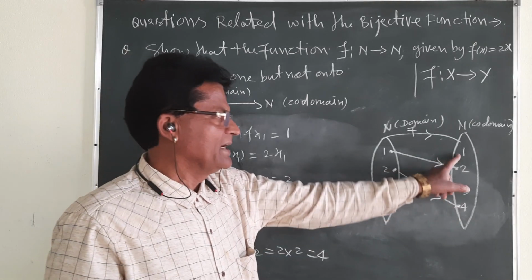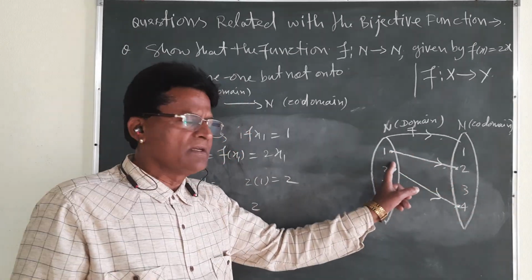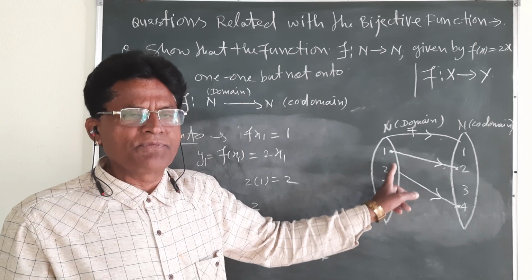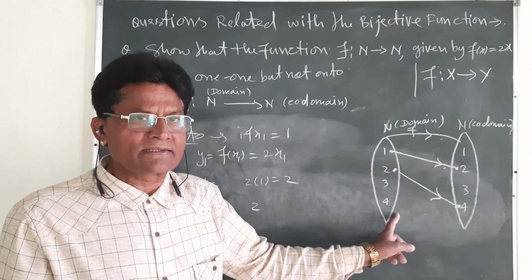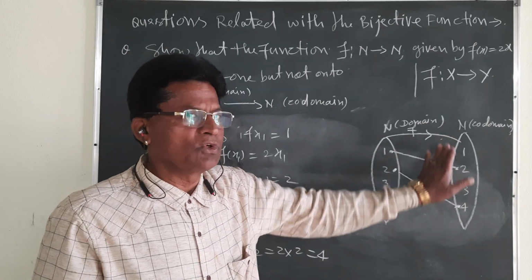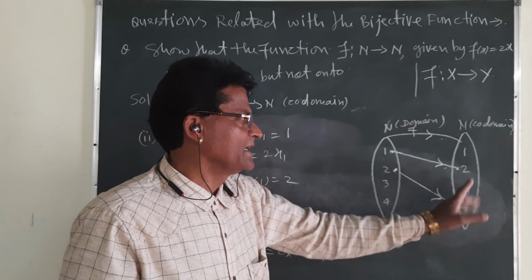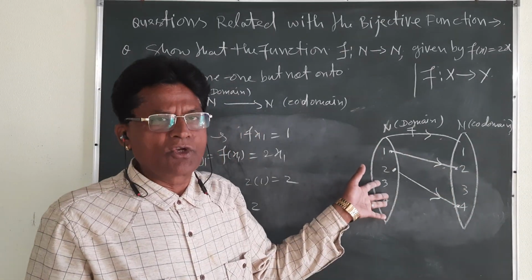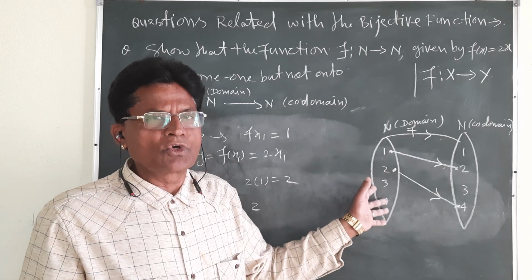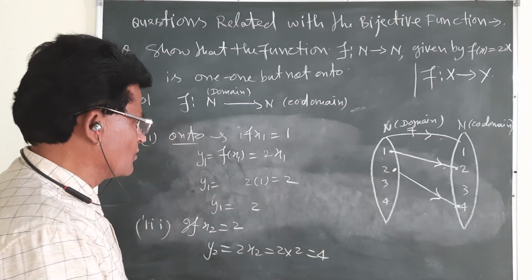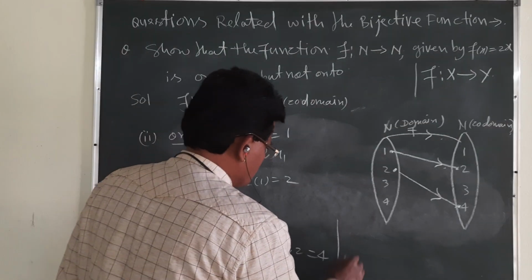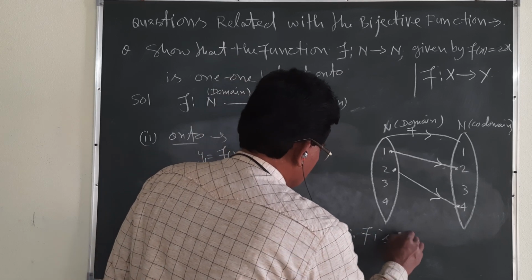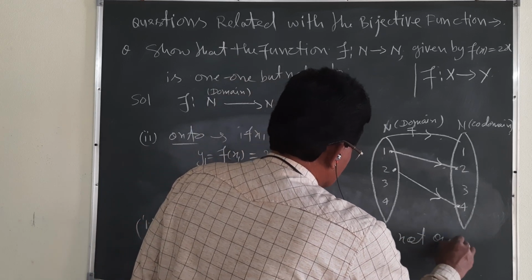That is why 1 and 3 are not forming the image with some elements of x. That is why this function is not onto. You see 1 and 3 are left in y, they do not form the image with some element of x. That is why it is not an onto function. So f is not an onto function.